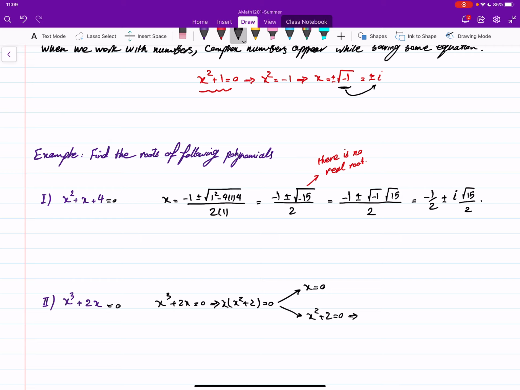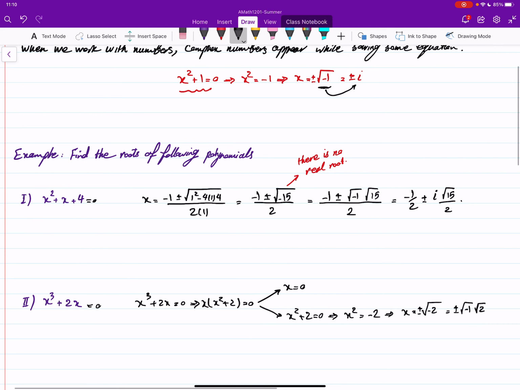Well, in this case, I can take the number to the other side and find the square root. Definitely there is no real number such that happens, but that's where complex numbers appear. So this is plus minus root -1 times root 2, and that means that we are working with plus minus i times root 2.